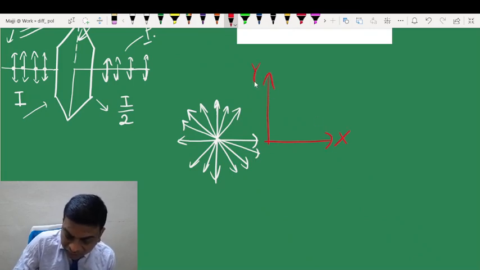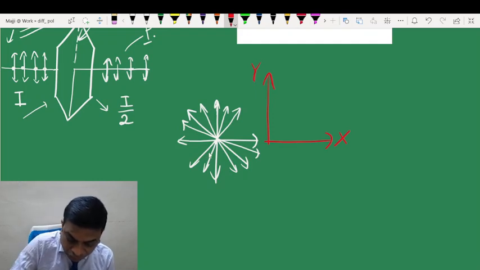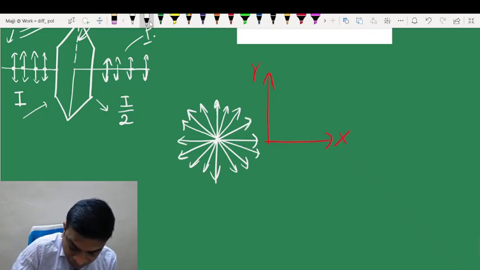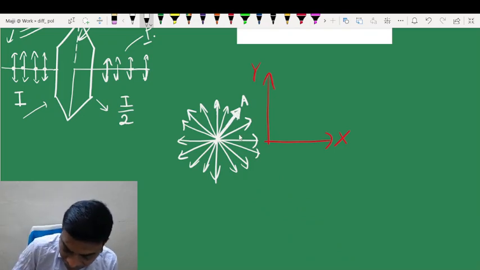Take two axes. The xy plane must be perpendicular to the direction of propagation of light. So light is propagating perpendicular to the plane of the figure. Now you take any amplitude. Let us take A as the amplitude of one of the electric field vectors. Let us say it makes an angle theta with this.